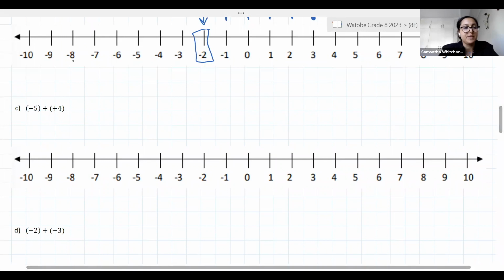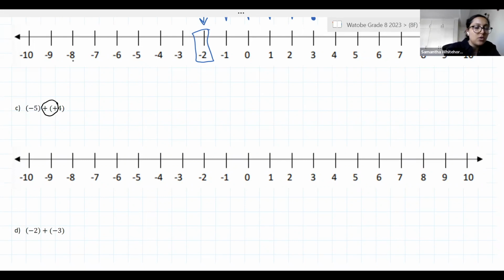So what we have here is -5 plus +4. Now there's a lot of signs there, but once again, we know when we've got two positives, what we're actually dealing with is a plus, right? So that was a little bit complicated for no reason. And so what we have is -5 plus 4. So I go to where I'm starting on my number line. I'm starting at -5 and I'm adding 4.